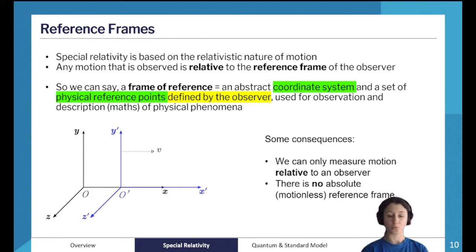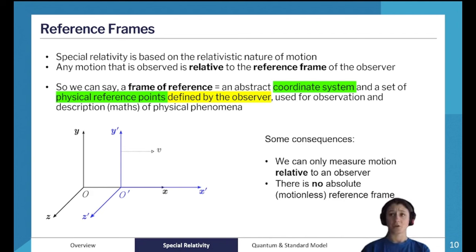You think, well, the house that I'm sitting in is completely still. No, it's not, because it's moving along with the Earth. The Earth isn't completely still because it's rotating and then moving around the sun. The sun isn't completely still because it's rotating around a black hole. It goes on and on. So we don't actually have any absolute reference frame. So there's never going to be like a correct reference frame.